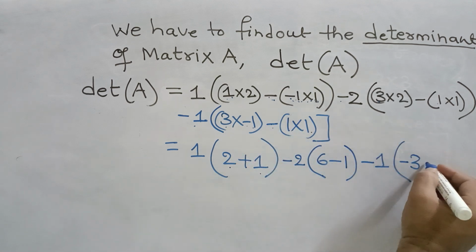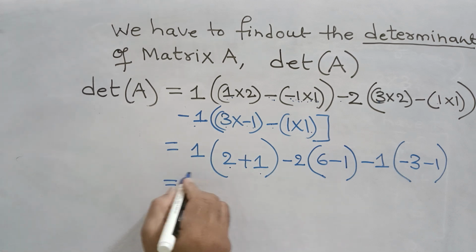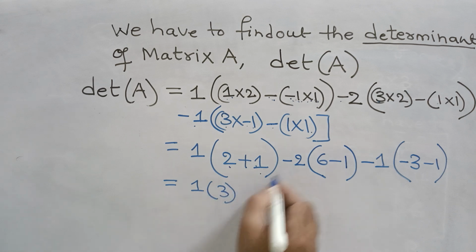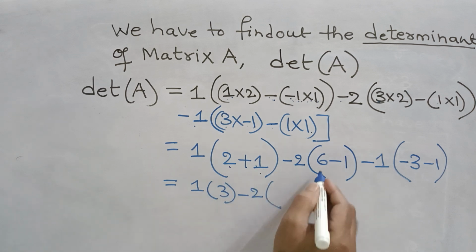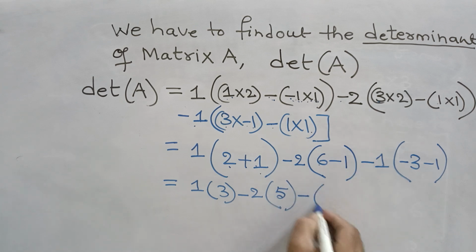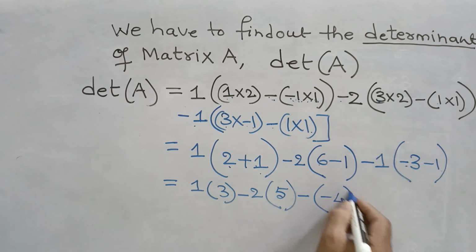Minus is there, minus 1. Then this implies further step. It is 1 into how much? 2 plus 1, 3. Minus 2, 6 minus 1, it is 5. Then minus 1, minus 3 minus 1, minus 4.